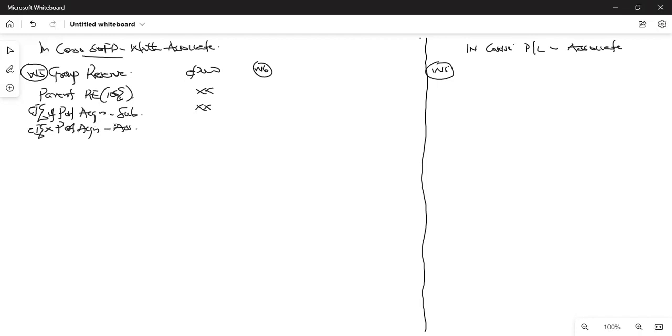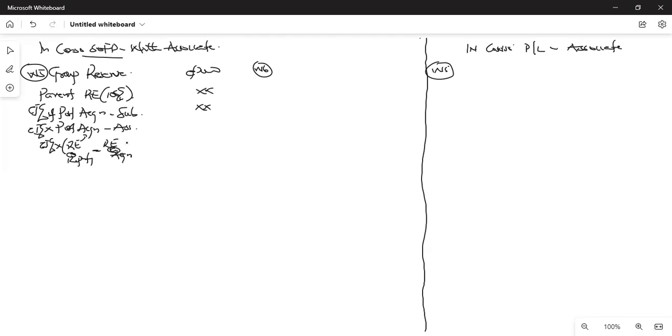How do you get the post-acquisition? So you are going to apply your CI percentage by what? The retained earnings of the associate at reporting date minus the retained earnings at acquisition.